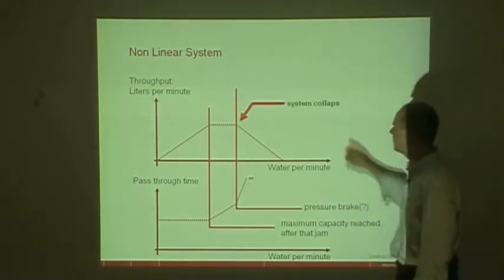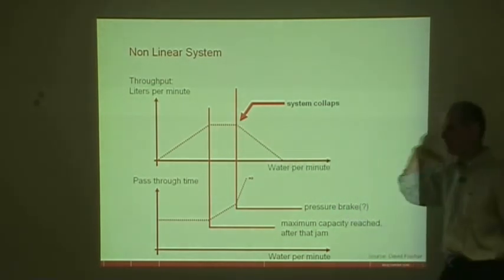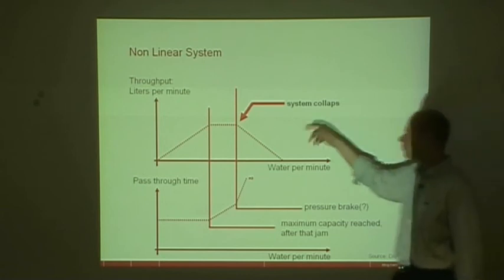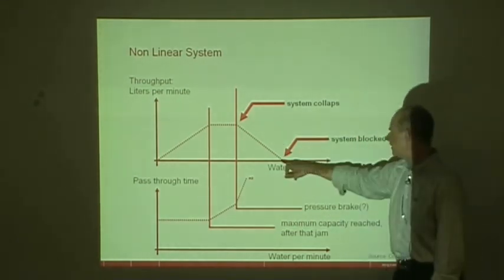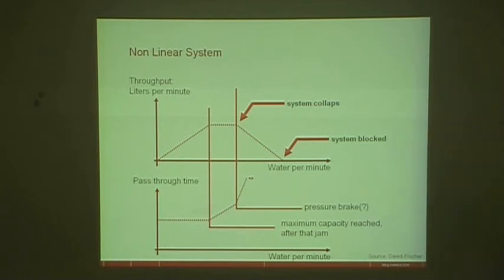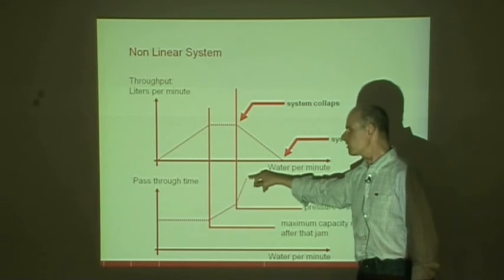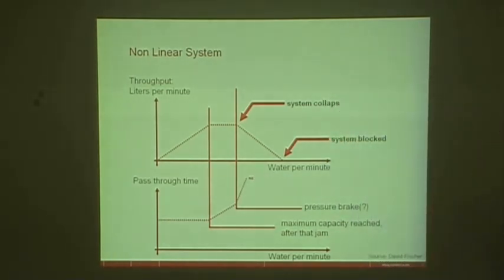So I call this where the system begins to collapse, because it doesn't behave rationally, because it's worse than before. And here usually the system is blocked or fails. And pass-through time here goes to indefinite because some of the requests will never get back or run into timeout.